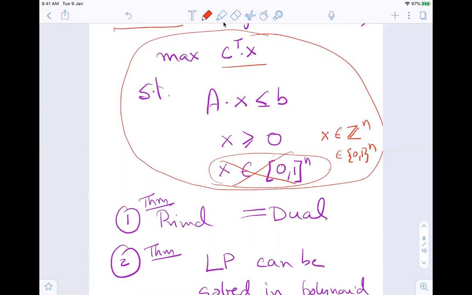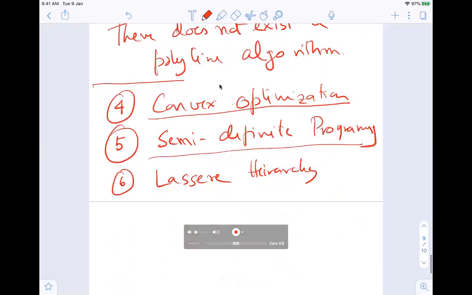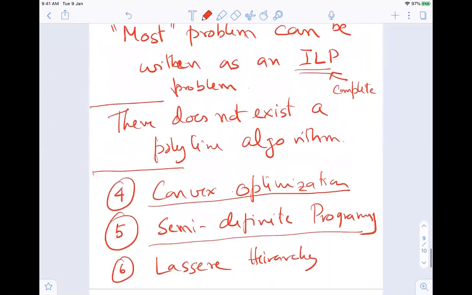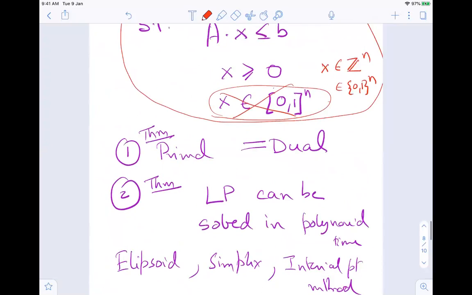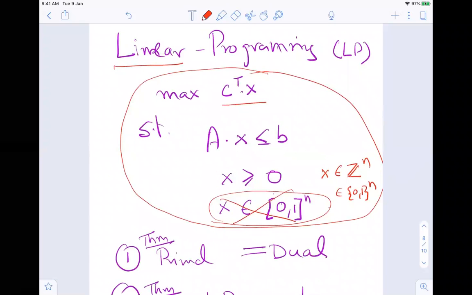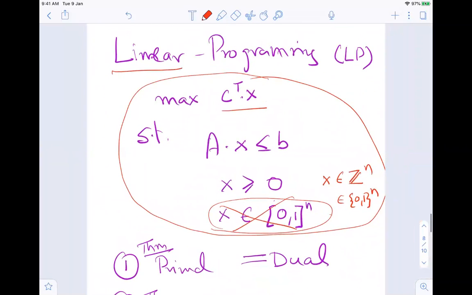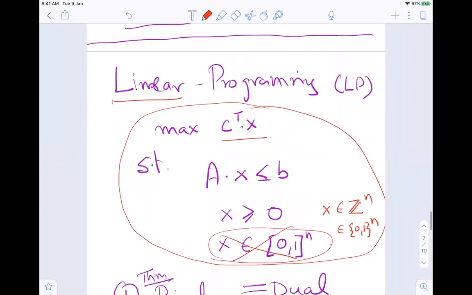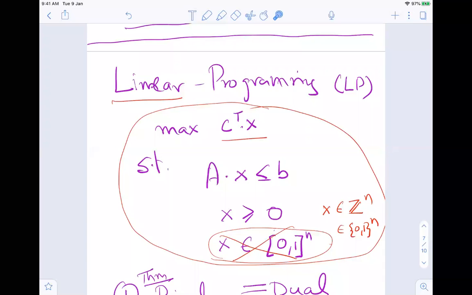Sir, what is the sixth thing? Lasserre hierarchy. Instead of linear, you have quadratic, the semi-definite program, and then it goes off to higher degrees in some sense. By the way, if people are more interested in geometry, you can view all of this in the geometric world. Because what this defines is a polytope in an n-dimensional space.